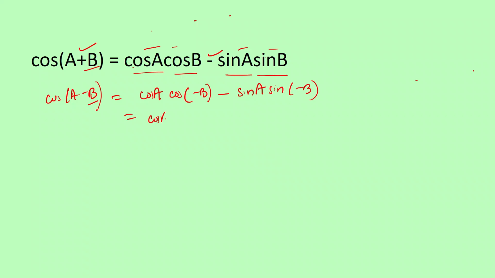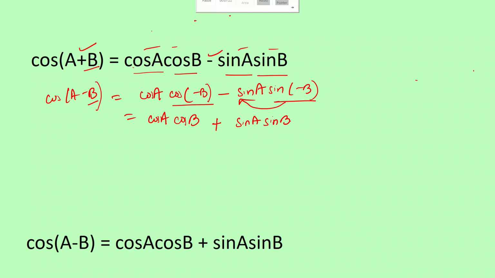Again, we know that cos of minus theta is cos theta, so cos of minus b is just cos b, and sine of minus theta is minus sine theta. So we multiply this minus with this outside minus and it becomes plus. So we get sine a sine b, and that's it. That's the formula. So remember, when it is plus over here, it is minus, and when it is minus over here, it's plus in between.